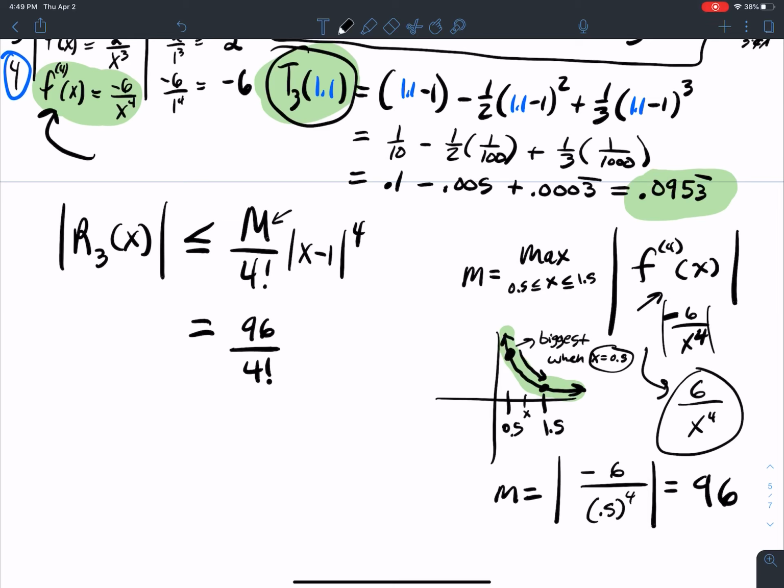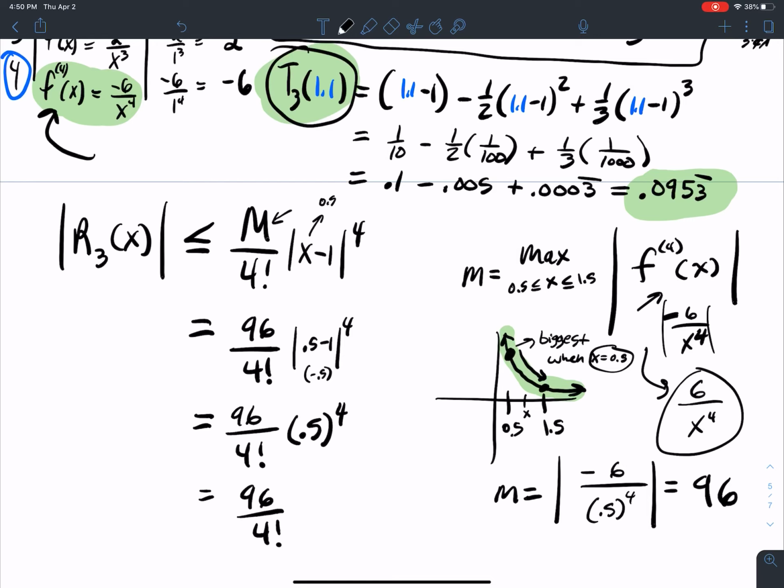And then what is my x value? The biggest one would be when x is 0.5. So absolute value of 0.5 minus 1 to the fourth. So that's 96 over 4 factorial, and then this is like negative 0.5, but with the absolute value it's positive 0.5 to the fourth power, which is 1 over 16.